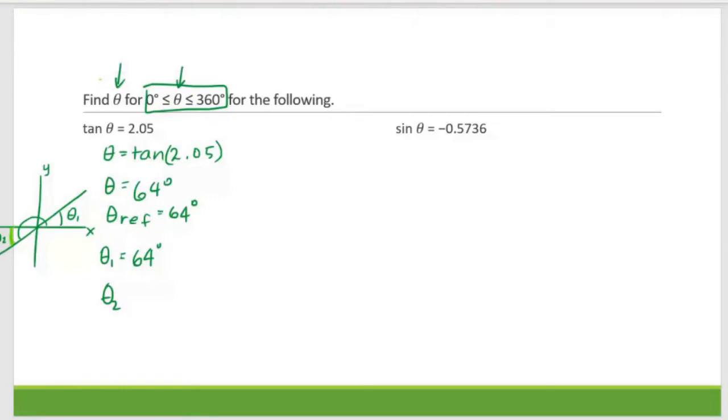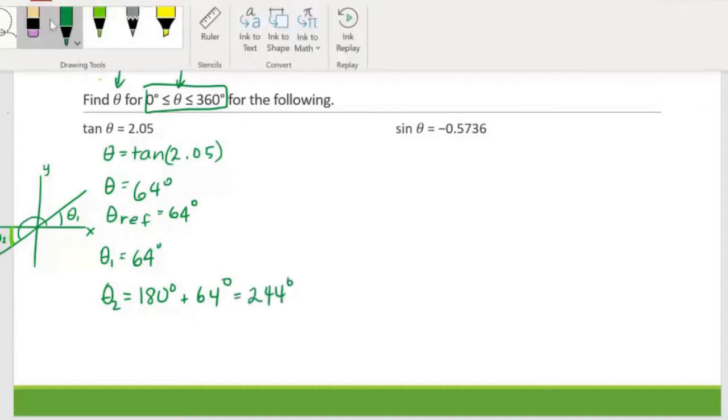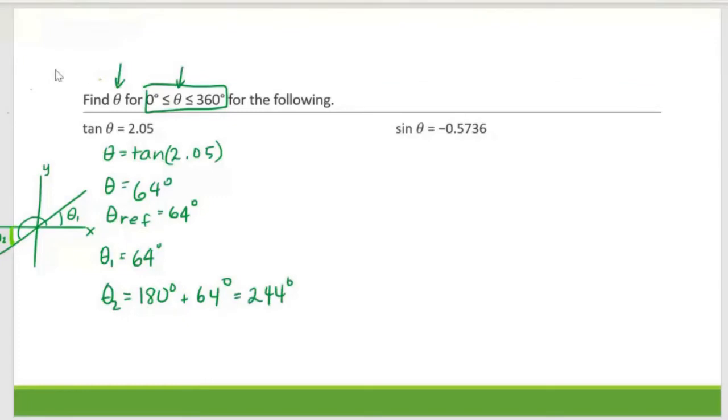That's the value of 64 degrees. So theta 2 is a value of 180 degrees plus an additional 64 degrees, or 244 degrees. So our final answer is two angles. Theta 1 is 64 degrees, and theta 2 is 244 degrees.